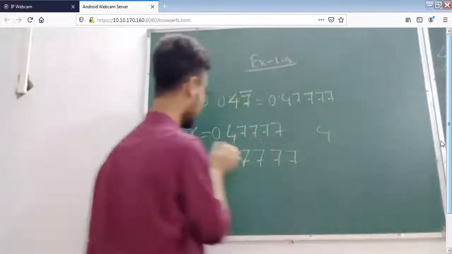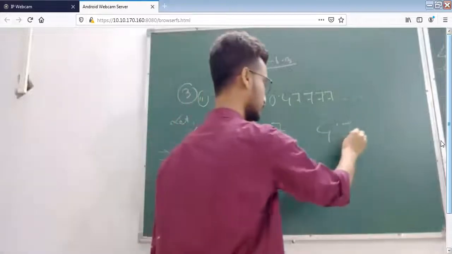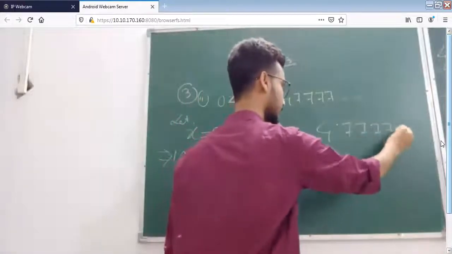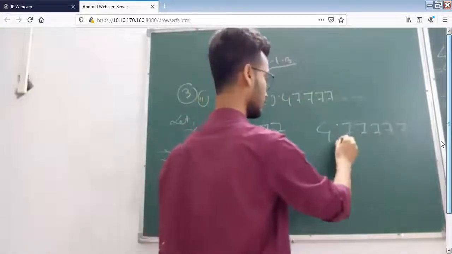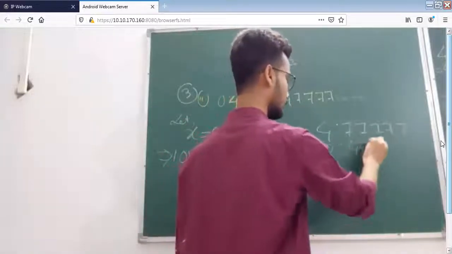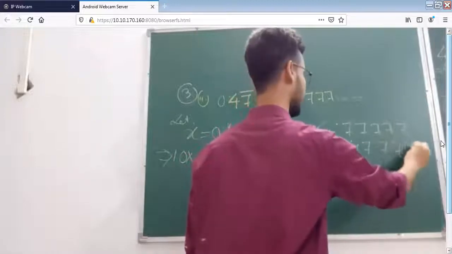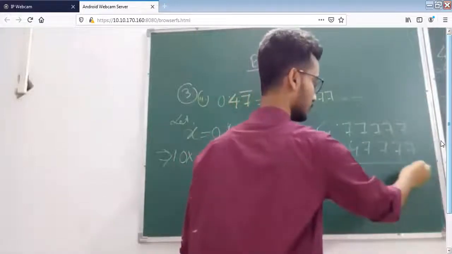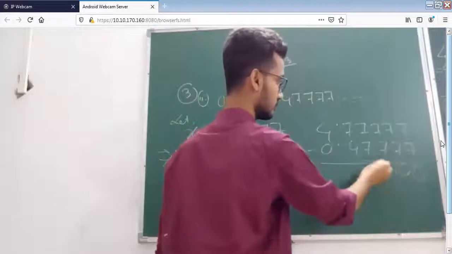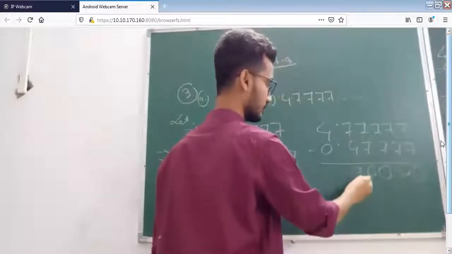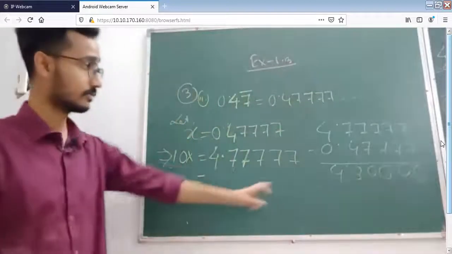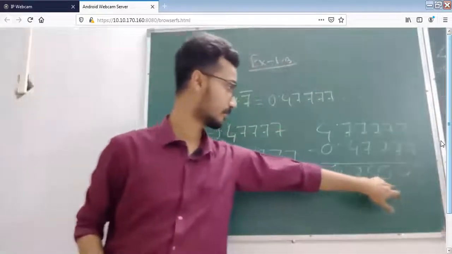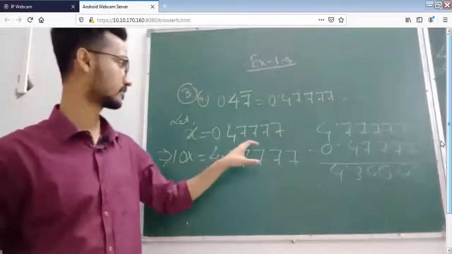Why? Because we have to get the value of x. Subtracting 0.4777 from 4.7777, we get 4.3000, then it will be 4.3000 plus 0.4777.